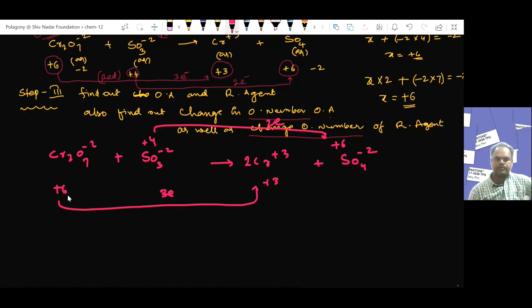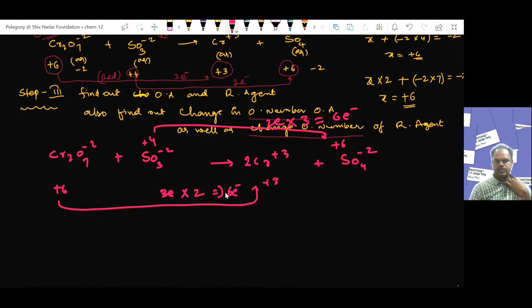So chromium gaining 3 electrons, but 2 chromium atoms are present here. So 2 chromium atoms, 3 electrons multiplied with 2, so then 6 electrons. And one sulfur losing 2 electrons, so it should provide 6 electrons, 2 into 3 will become 6 electrons.